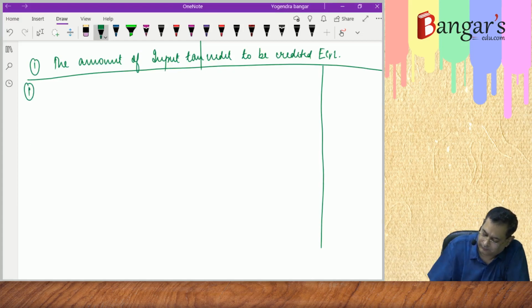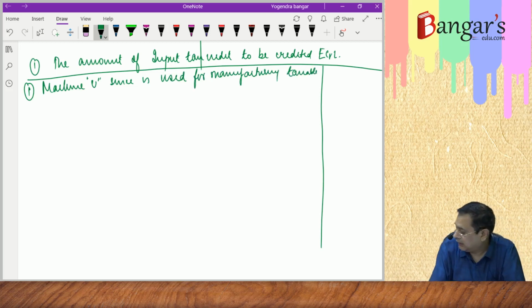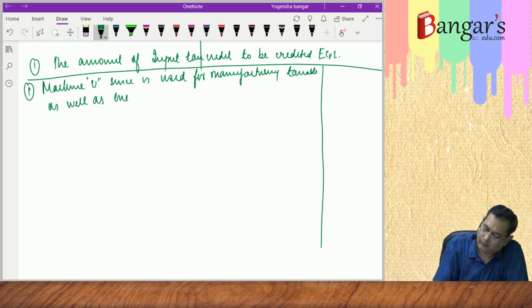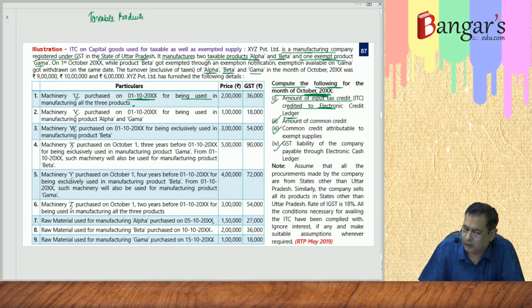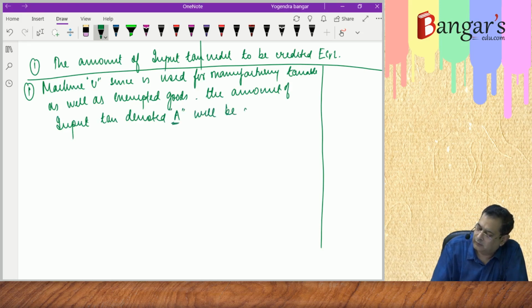Number 1 is what? Machine U. Since machine U is used for manufacturing taxable as well as exempted goods, the amount of input tax, denoted as A, it will be common, therefore denoted as A, will be credited to electronic credit ledger.